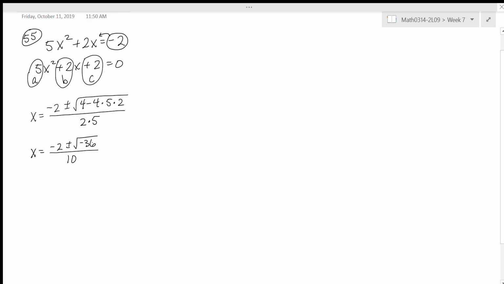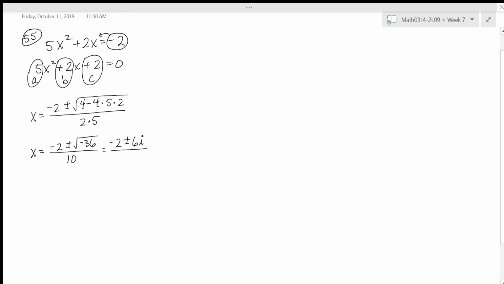And does everybody understand what happens when we get a negative under a square root? The negative comes out and turns into what? I agree. So that's going to give me negative 2 plus or minus, what is the square root of 36? 6. And the fact that it's negative makes it complex.